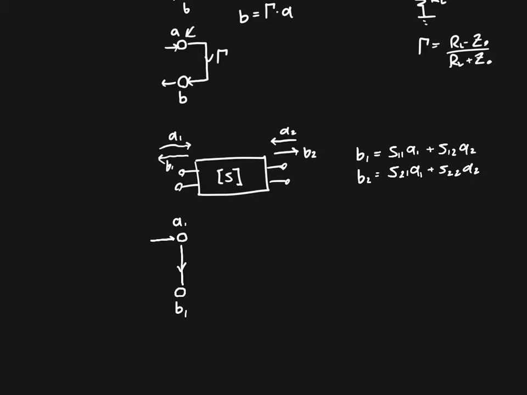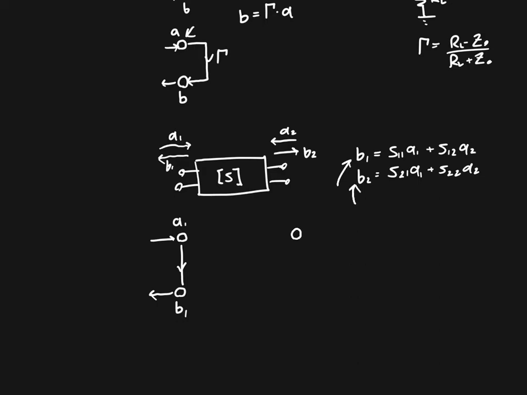So we've got an incoming wave A1, an outgoing wave B1, and that's our first port. That's complete. And now if we're interested in drawing our second port, we know from this equation over here that A1 is involved in producing B1 and it's involved in producing B2.